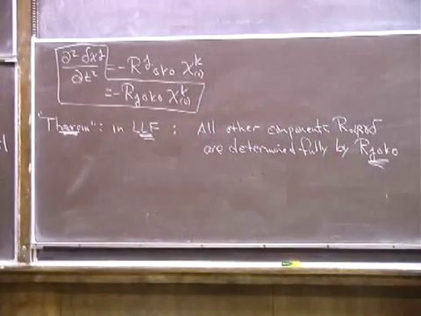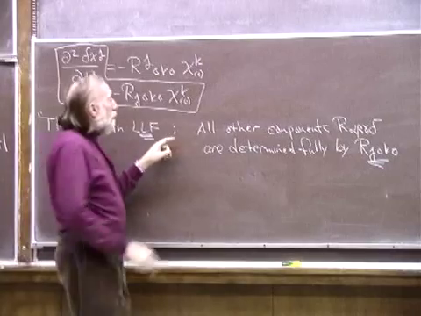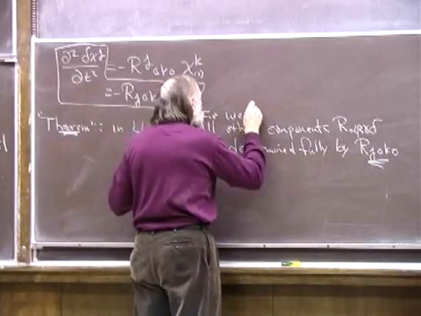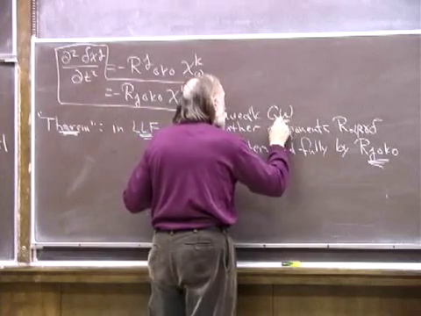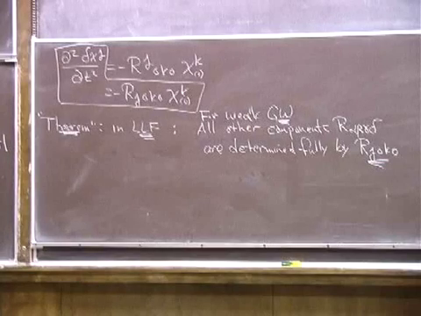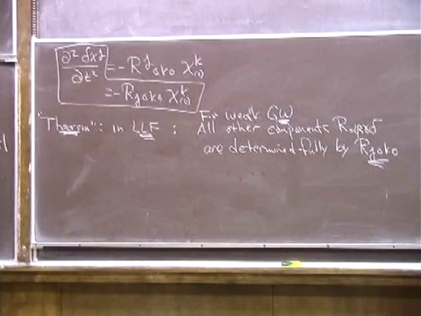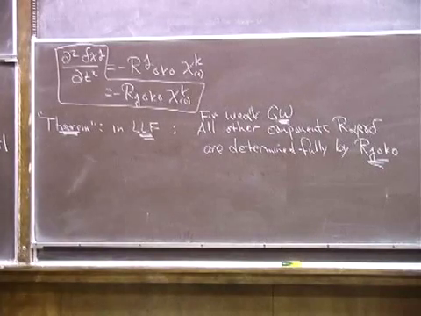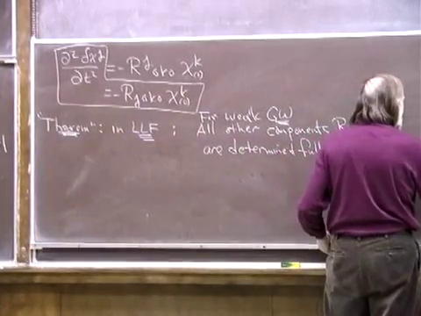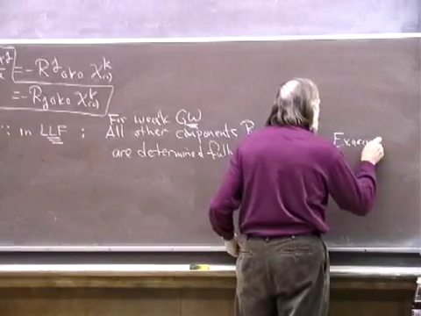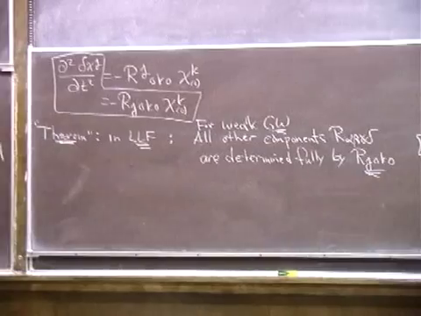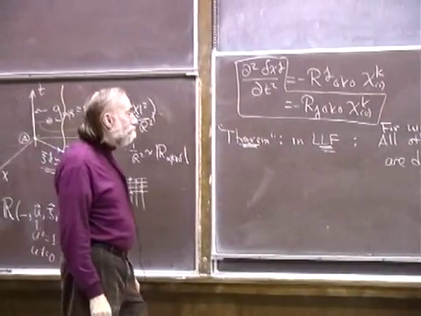This is true for a gravitational wave. For this case of a weak gravitational wave, this is true. It is not true in general, not at all true in general. But for the weak case of a gravitational wave, this is true. Again, proving that is going to be an exercise in the problem set that I will give to you this Thursday.